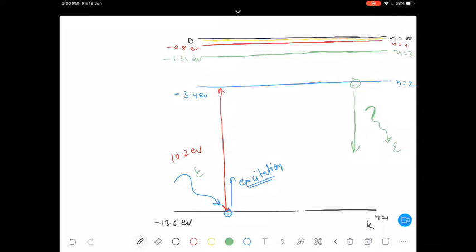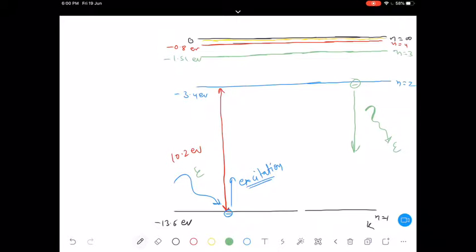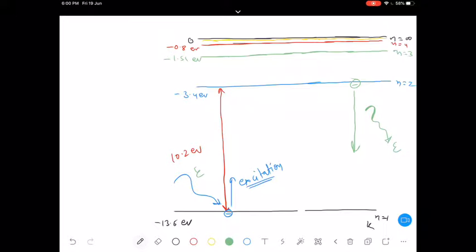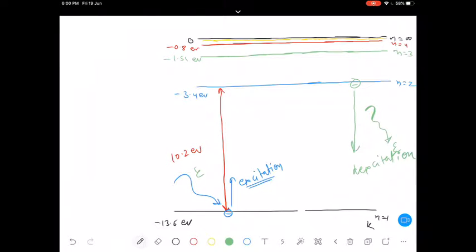So what is de-excitation? Movement of an electron from a higher energy level orbit to a lower energy level orbit by releasing some energy is called de-excitation. Sir, means it emits energy out? Yes, it will emit some energy out.